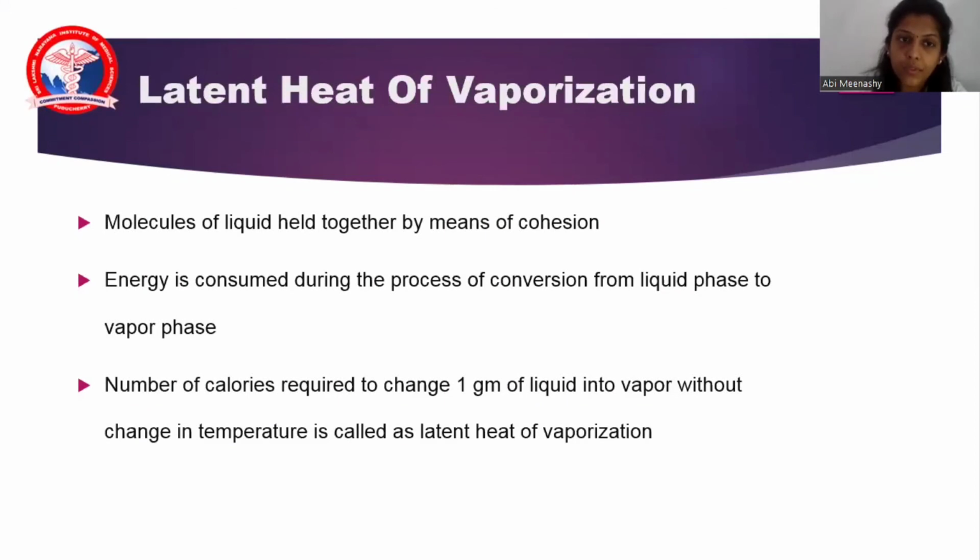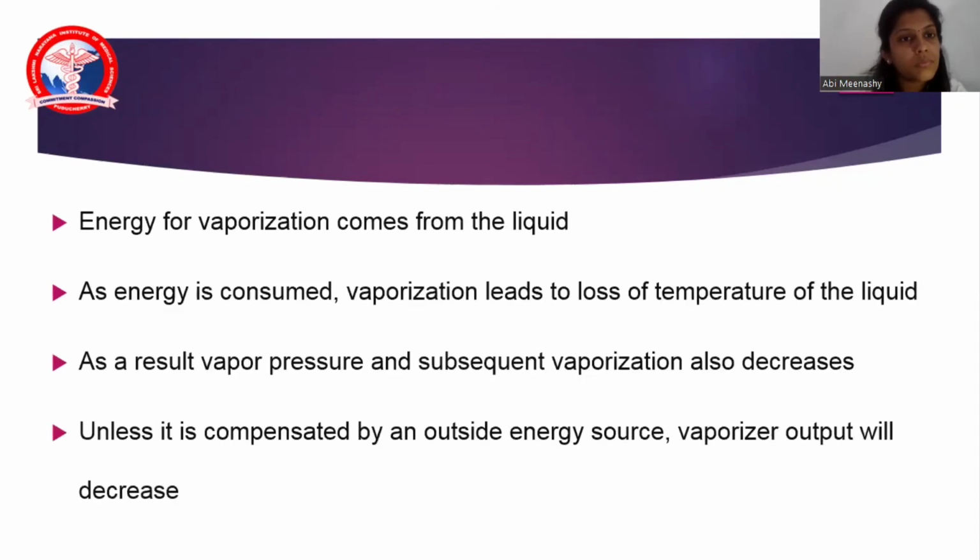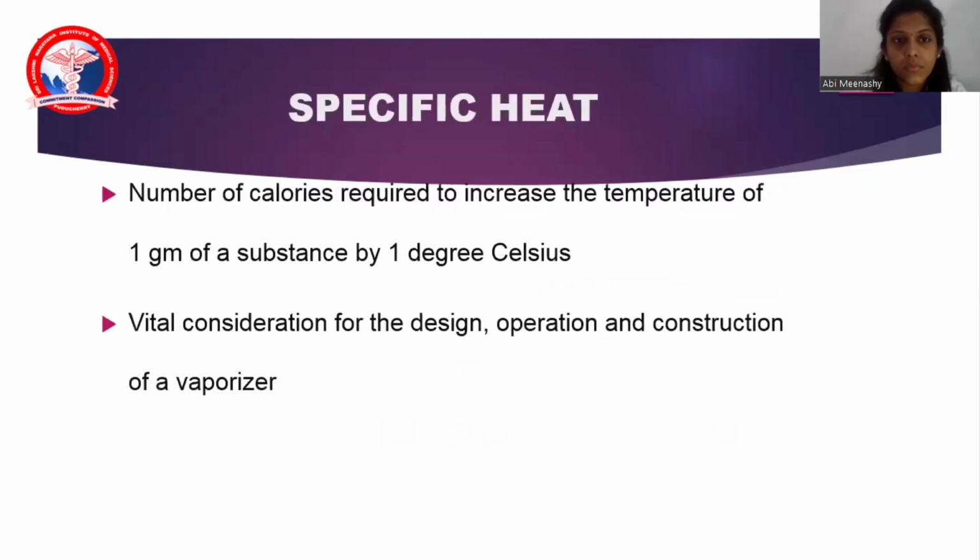Okay, latent heat of vaporization is the amount of calories that is required to change 1 gram of liquid into 1 gram of vapor without any change in temperature. Specific heat is the number of calories that is required to increase the temperature of 1 gram of substance by 1 degree Celsius.